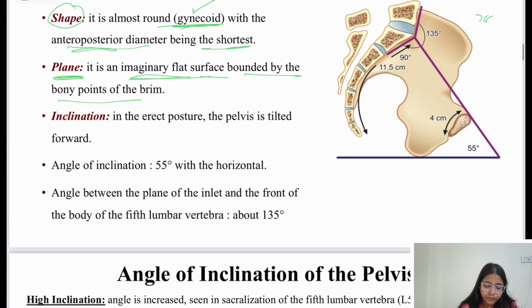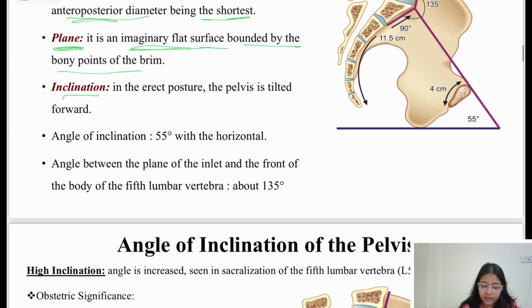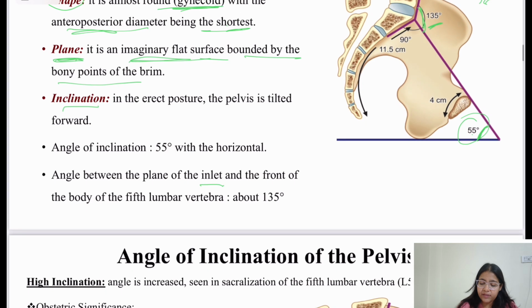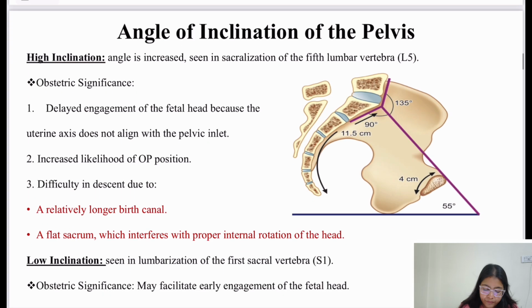Okay, and what is the inclination? It is 55 degrees to the horizontal. Just remember this number. And the angle between the plane of the inlet and the fifth lumbar vertebra is 135 degrees. Just remember these two numbers, these are very important. Okay, the angle of inclination, and this angle between the lumbar vertebra and the plane, is 135 degrees.